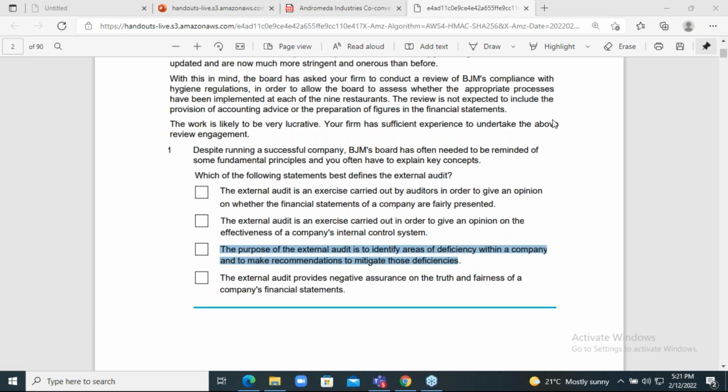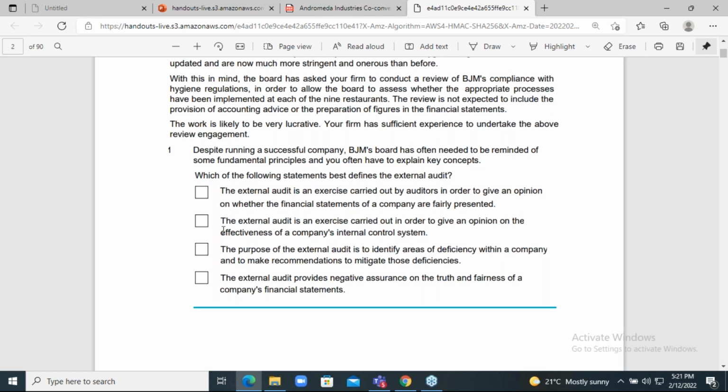Okay, so there are some options. Yes. Now, the most important thing is that, in my opinion, C is also a task that is performed by the external auditor, and the external auditor also focuses on the internal control system as well.